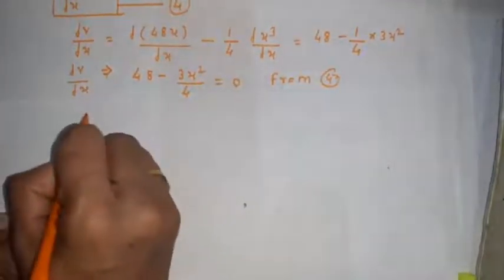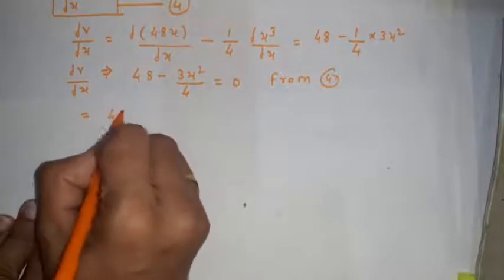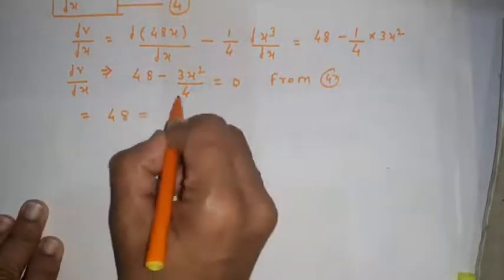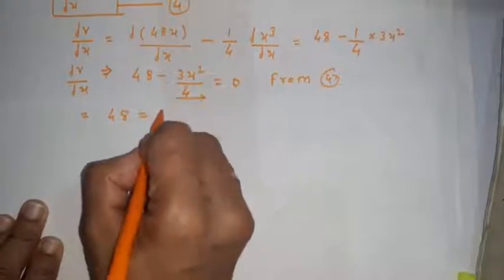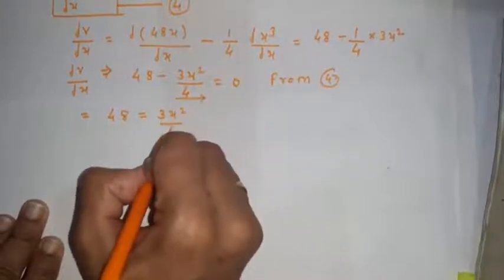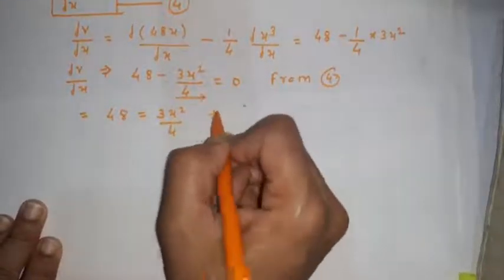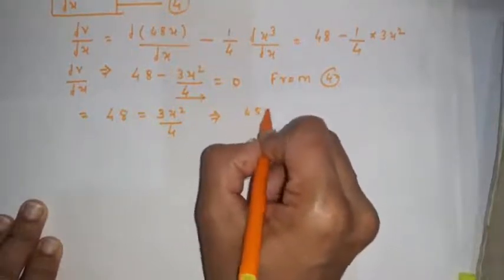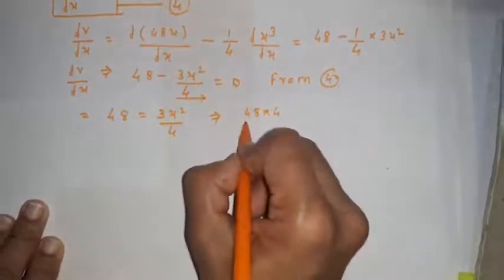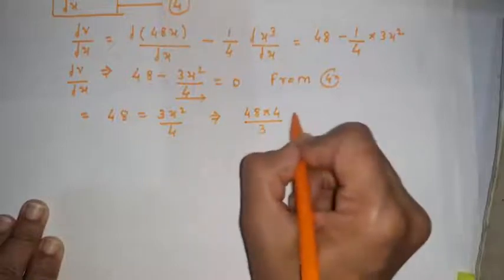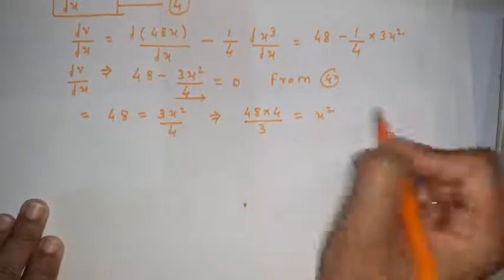Okay, and this is equal to 48. Shift this term to that side, we will get 3x square upon 4 equals 48 into 4 upon 3, and that is equal to x square.